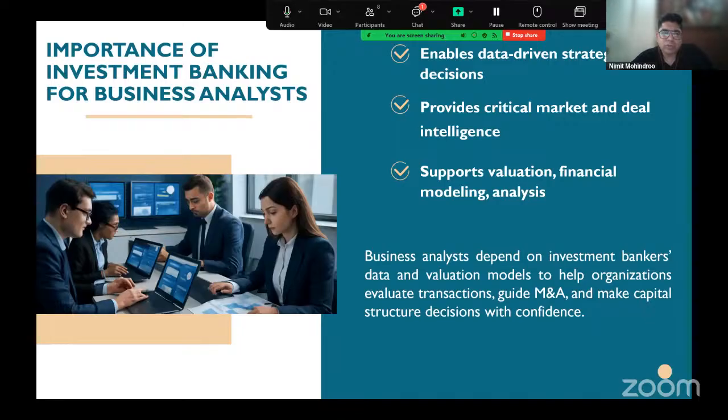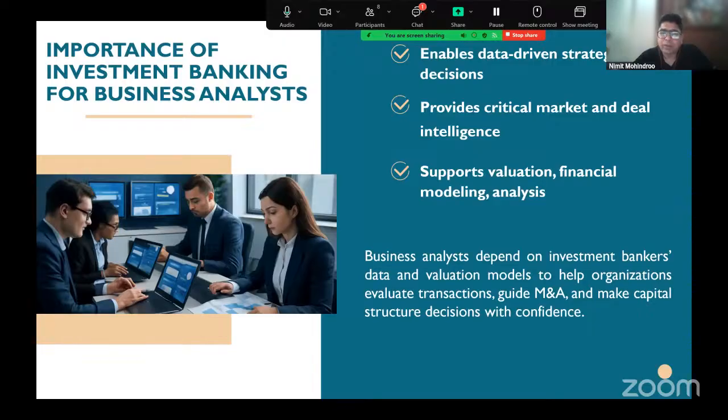So next is the importance of investment banking for business analysts. How is investment banking important for business analysts and how does it fit as an industry for them? For example, it enables data-driven strategic decisions. That is where the role of the business analyst comes into the picture, correct?